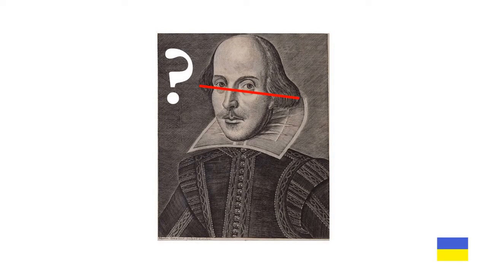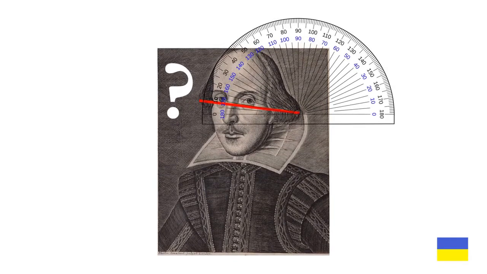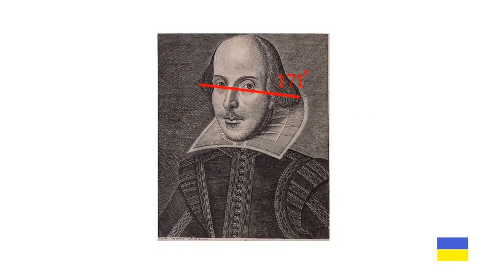I've always wondered why the hair looks so crooked. If we extend a line between the outermost bulges on the left-hand side and the right-hand side, and we measure the angle using a protractor, we'll see that the angle measures approximately 171 degrees.